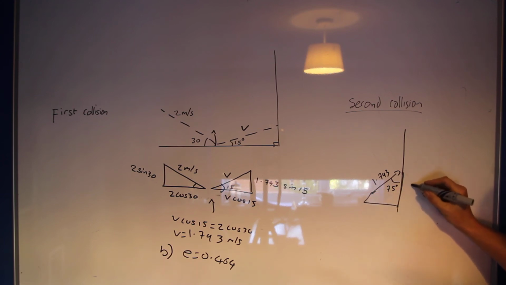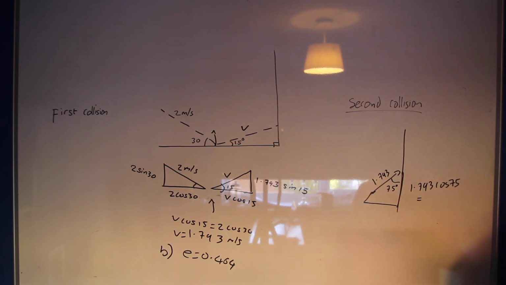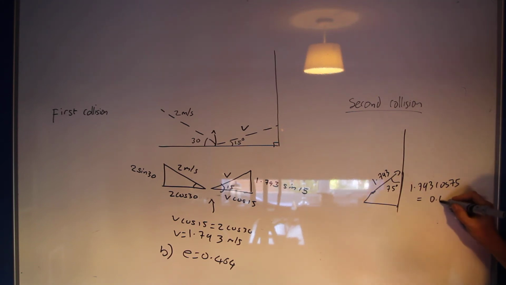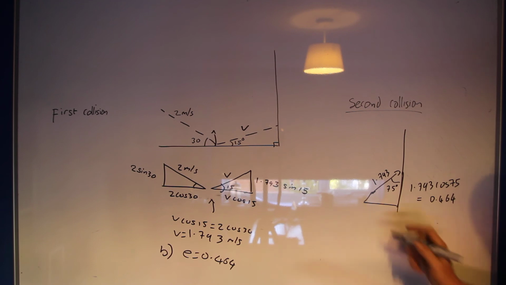So this one here would be 1.793 cos 75. And we can work out what that is, right? So 1.793 cos 75 is 0.464.